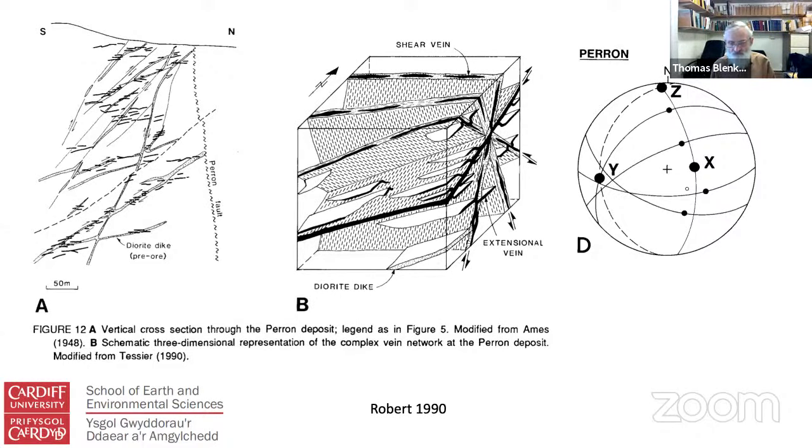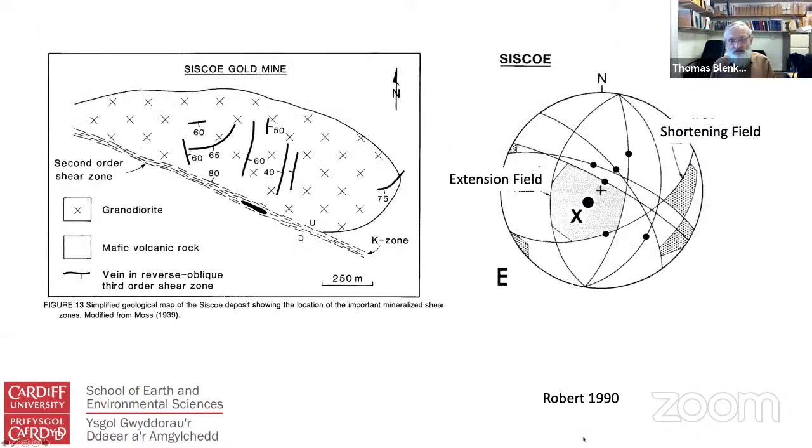And then finally, another example again from Francois's work from the Cisco gold mine here, in which again, a similar variety of different orientations of auriferous reefs in shear zones can be related to a common extension and shortening direction, in other words, strain axes.